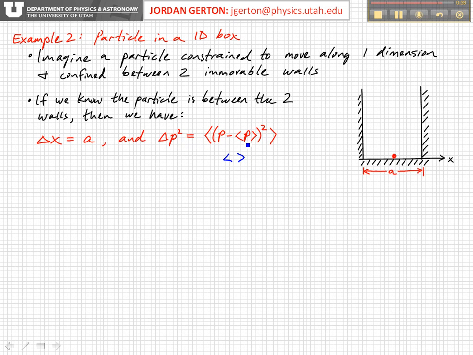And at any given time, its momentum p without the brackets can also have some instantaneous value, and so the uncertainty squared of the momentum of this particle is equal to its instantaneous momentum minus the average momentum, squared. Now, the average momentum does not necessarily have to be zero in general for a given problem, because a particle could be, for example, the whole box could be moving in one direction.